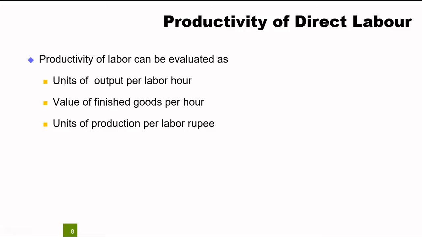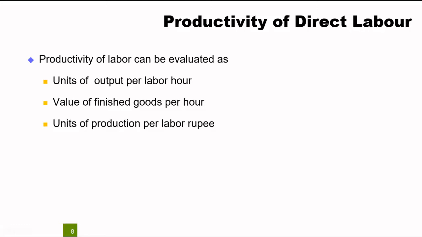Now, per hour, if a person is attaching 50 pockets to shirts, and you are paying 50 rupees per hour, the person is producing 1 rupee worth of value per shirt, or 50 rupees of value per hour.